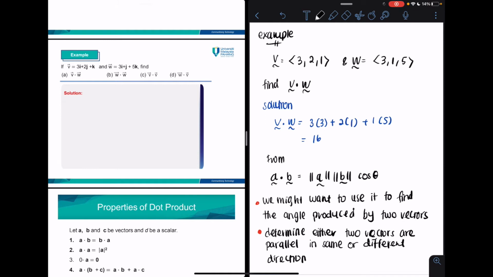Basically, you multiply according to the coordinates, which is x with x, y with y, and z with z, and then you find the summation. So for this question, 3 times 3, 2 times 1, and 1 times 5. You will end up having 16 as your answer.